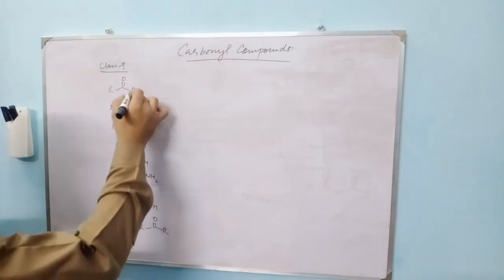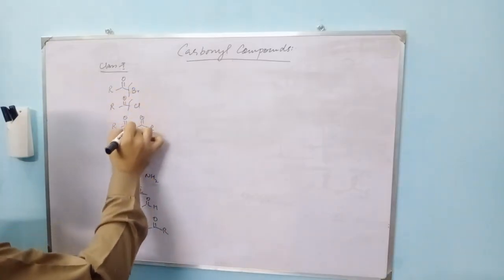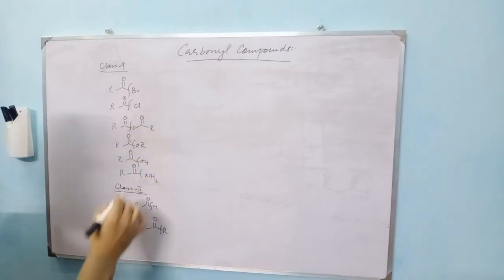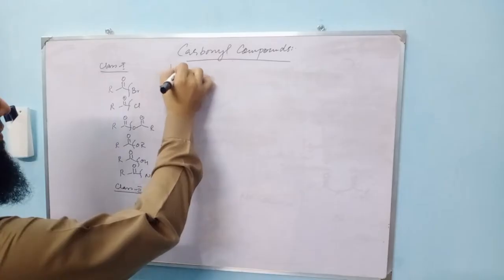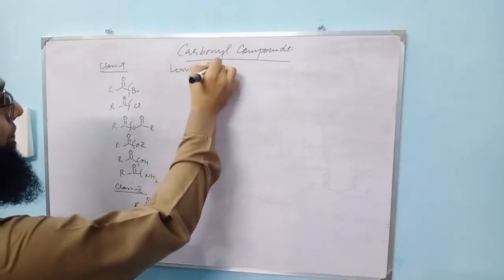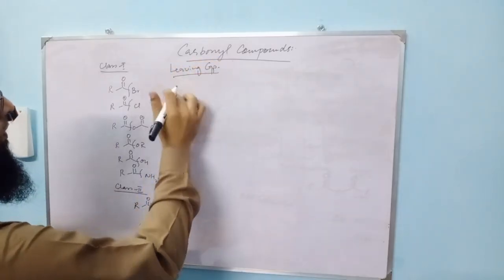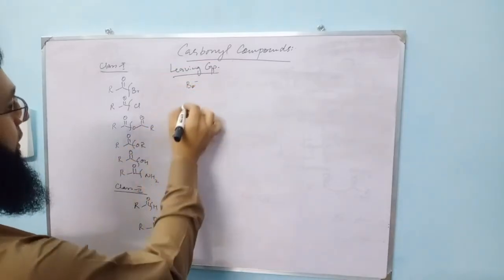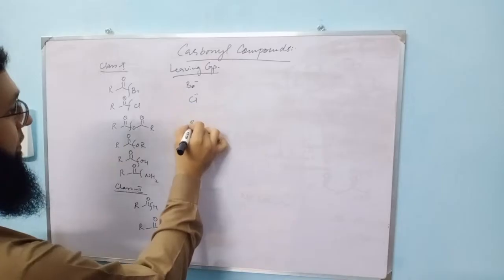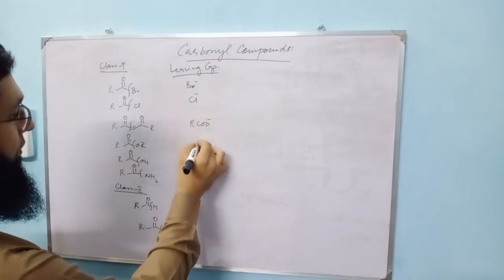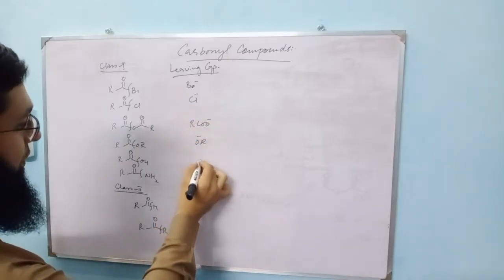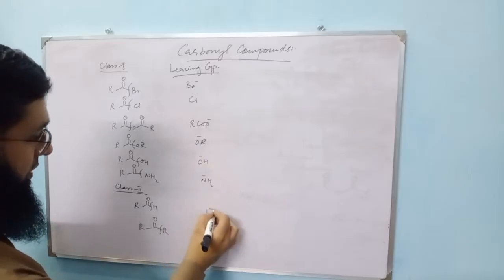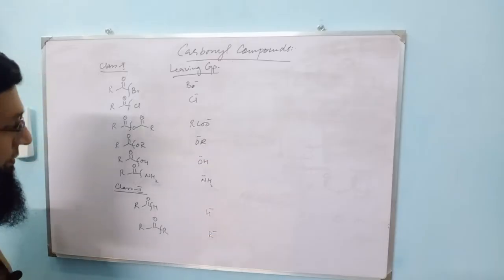Now we see the leaving groups. So these are the leaving groups. Here we have leaving group Br negative, Cl negative, RCO2 negative, OR negative, OH negative, NH2 negative, H negative, and R negative.